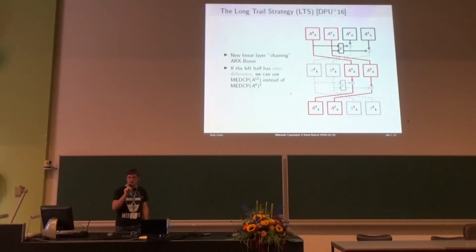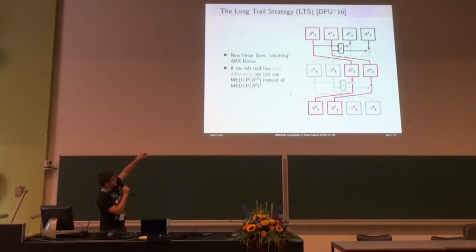For the long trail strategy, this was introduced with Sparx. What they claim is, for the moment just assume that an ARX-box is something similar to an S-box, just it has ARX functions inside. They use several of these ARX-boxes, here it's 4, and then they have a linear layer here.